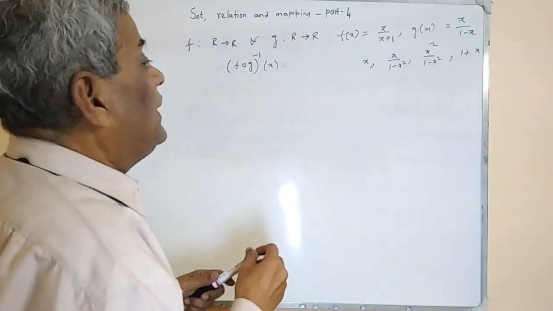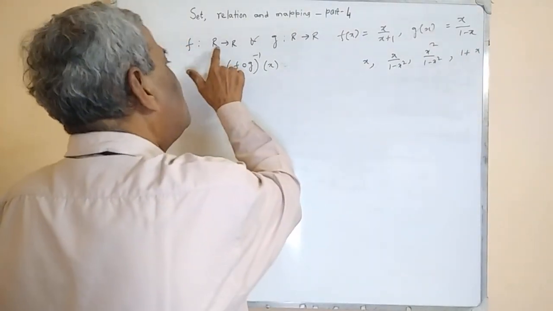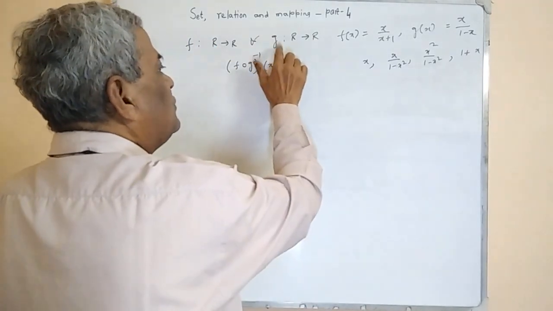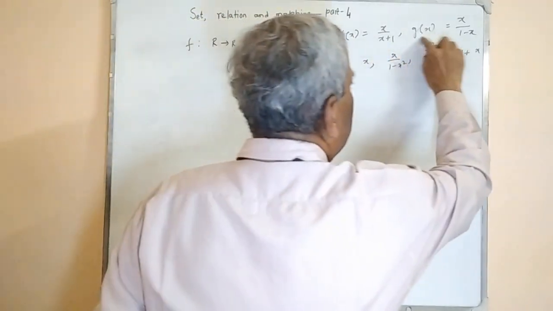Now, two functions are defined here. f(x) from R to R, g(x) also R to R, and the law of f(x) is this, and function g(x) is this.